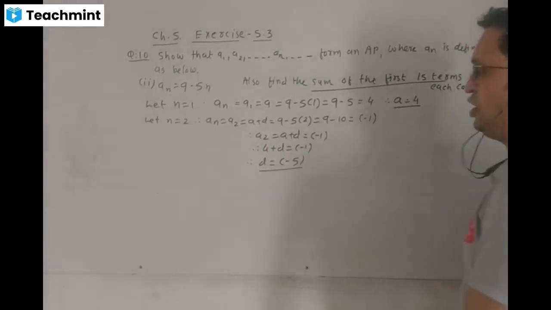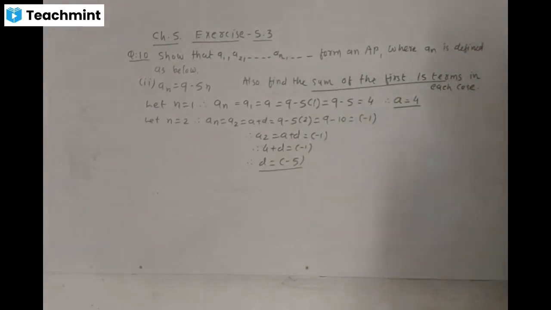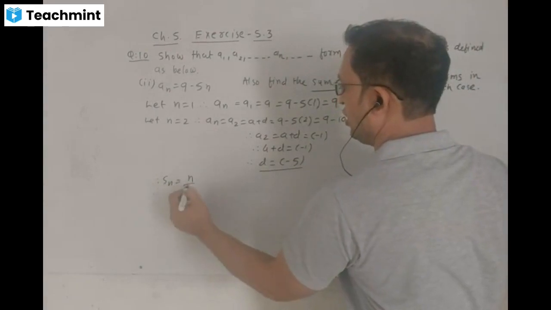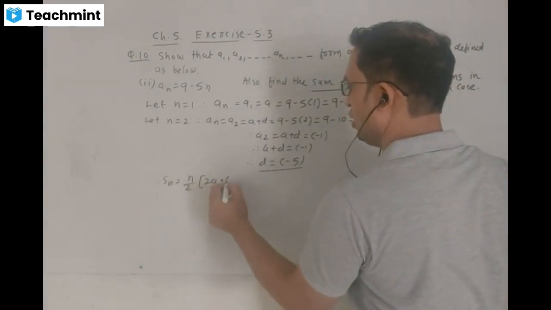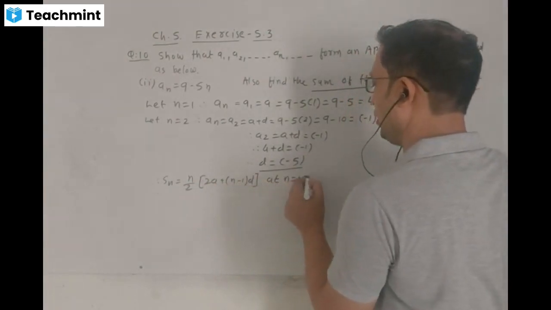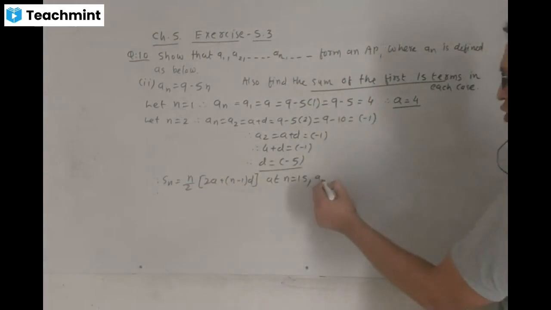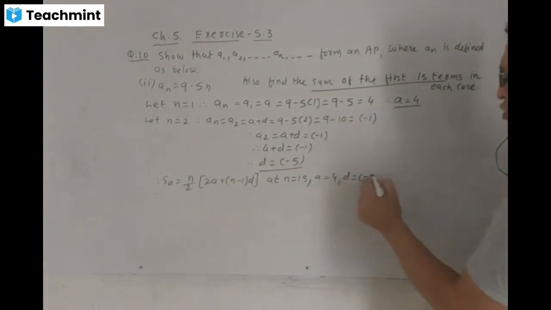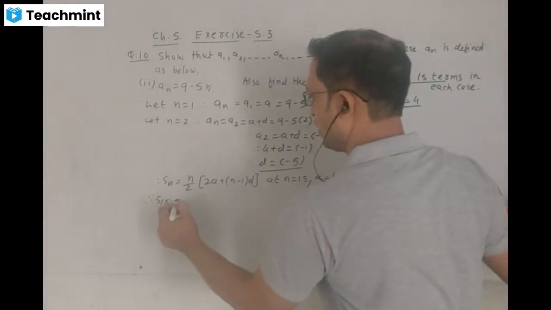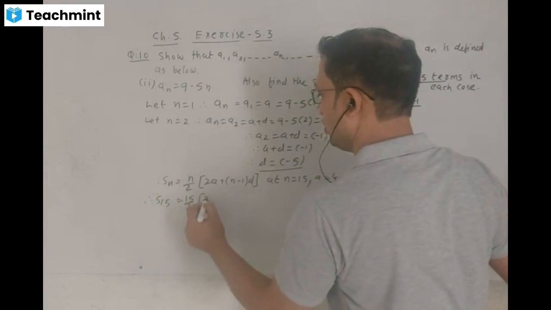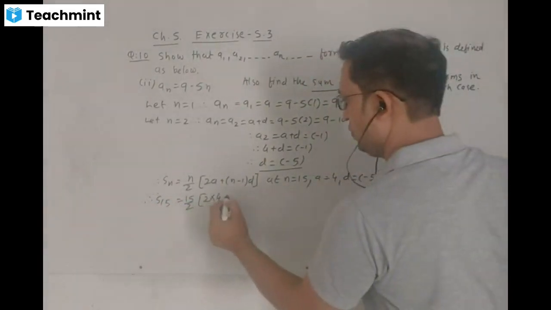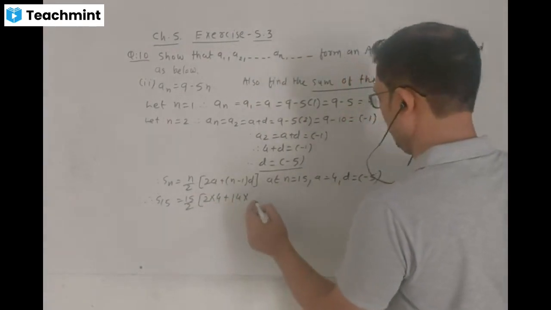Put these values in the Sn formula because we want to find the sum of first 15 terms. Therefore, Sn is equal to n by 2 times (2a plus (n minus 1) into d). At n is equal to 15, a is equal to 4 and d is equal to negative 5. Therefore, S15 is equal to 15 by 2 times (2 into a, that is 4, plus 15 minus 1, 14, and d is equal to negative 5).